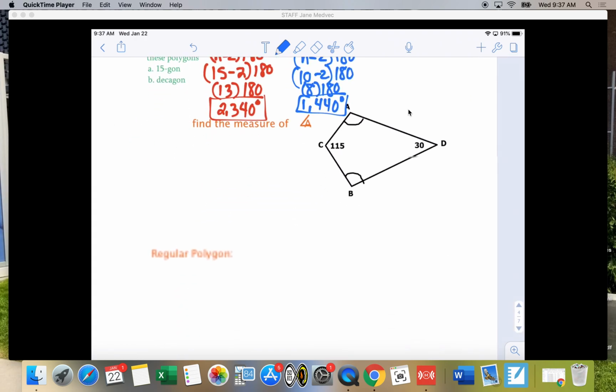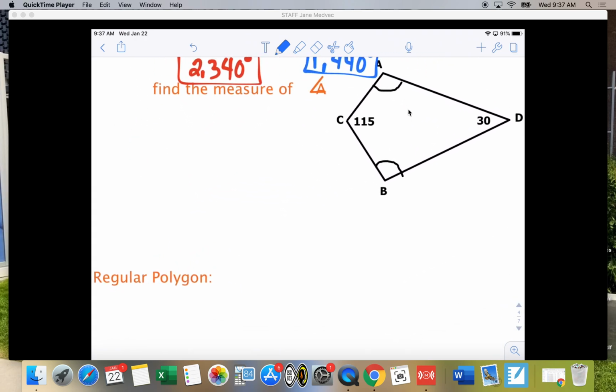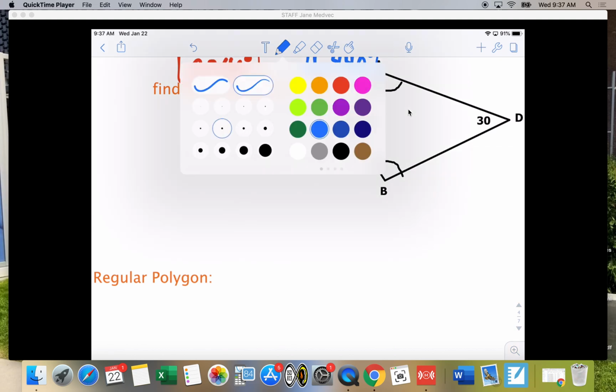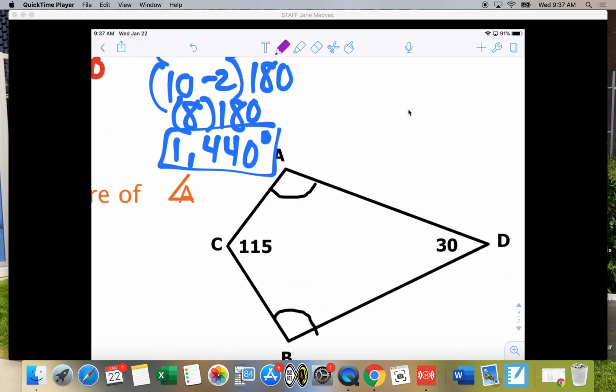Okay, let's move on. So now we're going to look a little bit closer at this problem. It's asking me to find the measure of angle A. So essentially I'm grabbing this figure, and this is A, and I need to find it. How many sides does this figure have? 4. So I need to find out how many degrees it is.